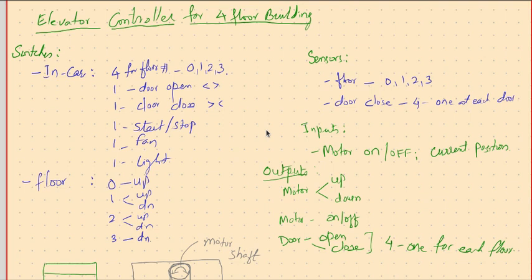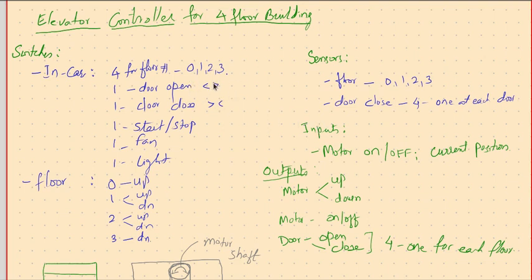Then when there is some problem with the doors, after a fixed delay the door will close automatically, but if the people have not moved in yet, then we want to forcibly open the door.